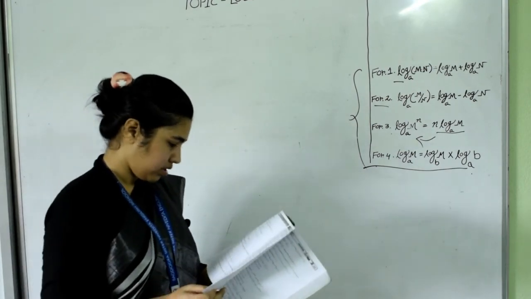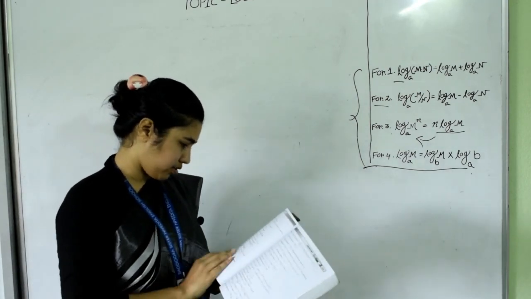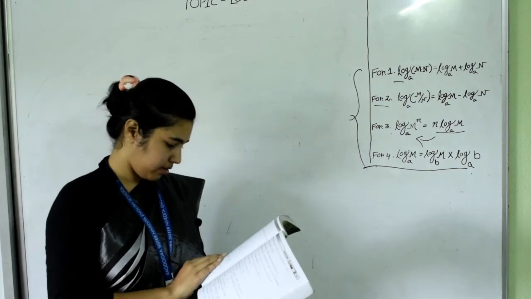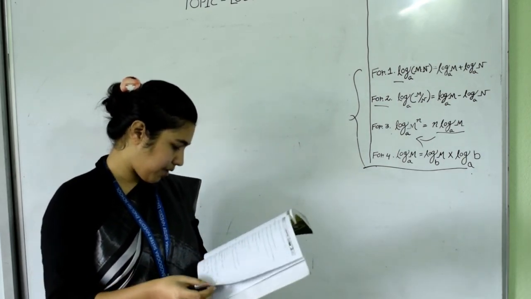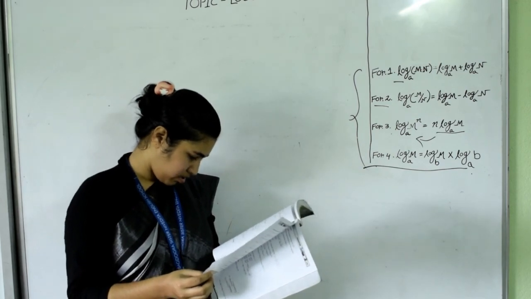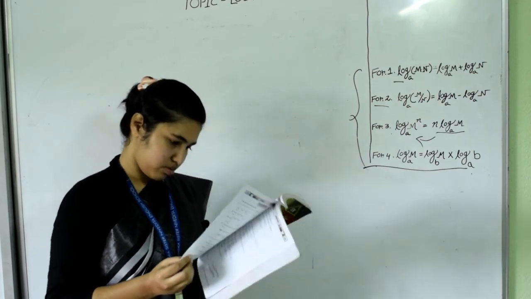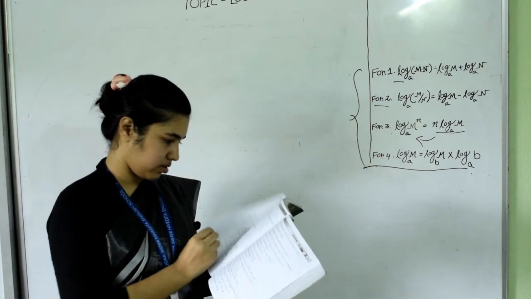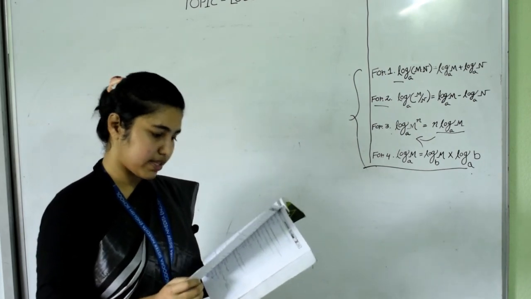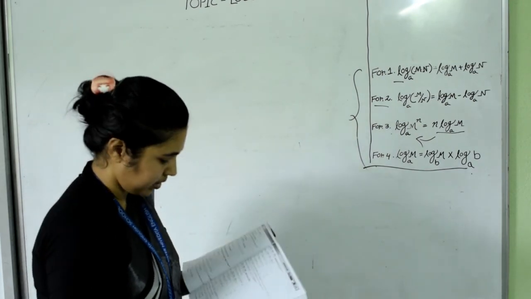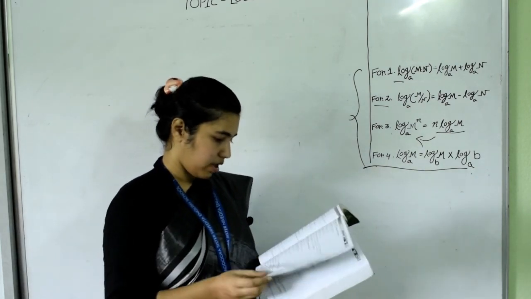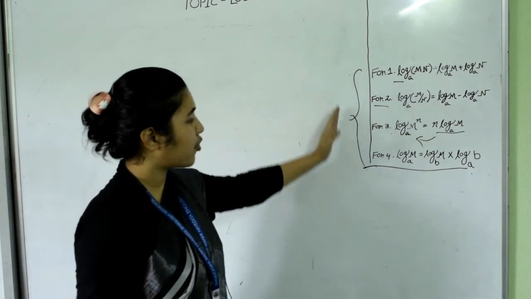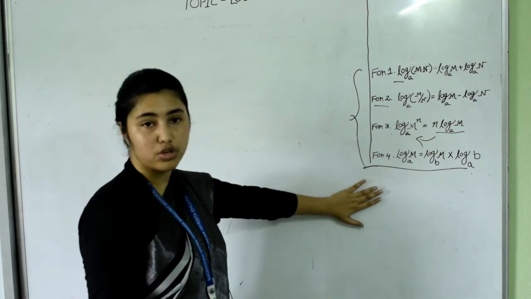Now, you try your own. Example 10, example 12, 2 and 3, and example 9, A and B. All these examples are important, and just apply these 4 formulas or those corollaries.